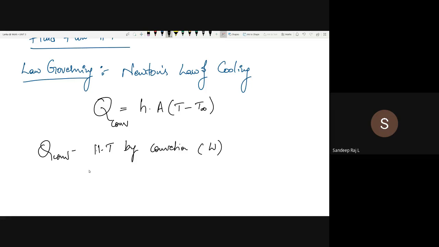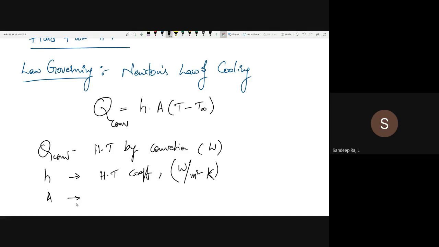measured in watts. What is h here? It is the heat transfer coefficient, measured in watt per meter square Kelvin. This is capital K. What is A here?